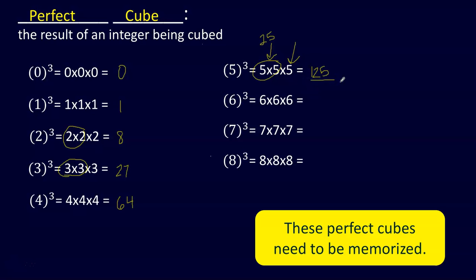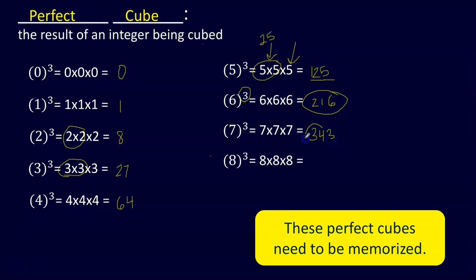All right, 6 cubed, I'm guessing you probably don't have memorized. One way, I don't know if this helps you, 6 cubed, you could start with a 6 on the end. And then this 3, if you split it up, 2 and 1. 2 plus 1 is 3. So 6 cubed is 216. 7 cubed is 343.